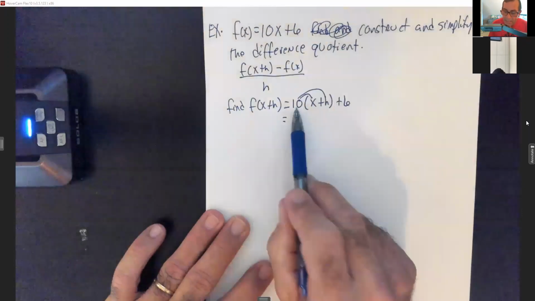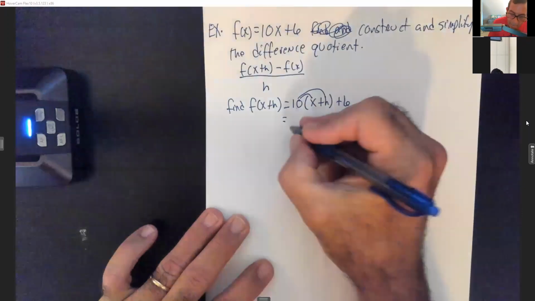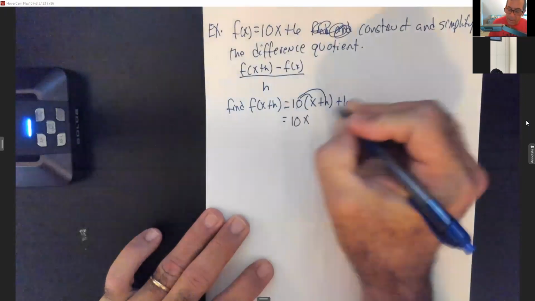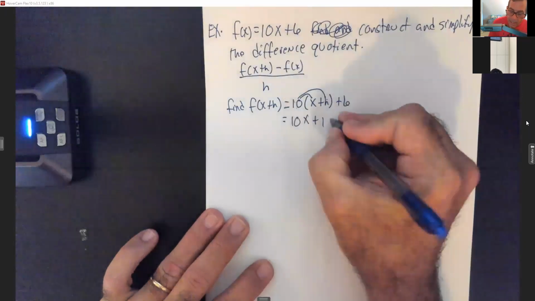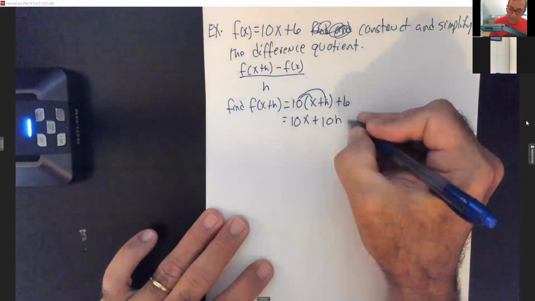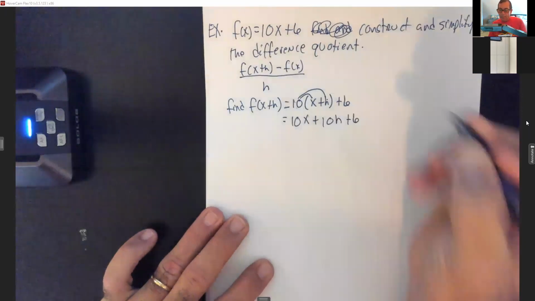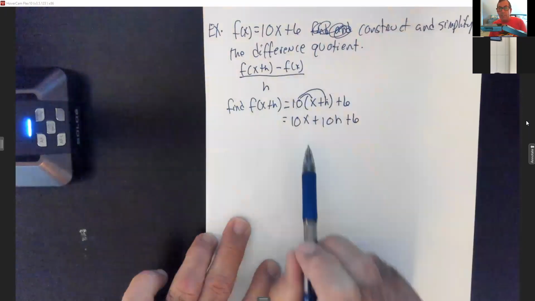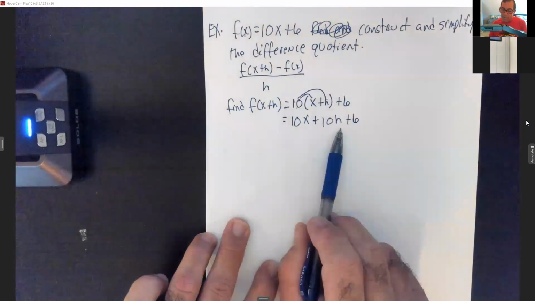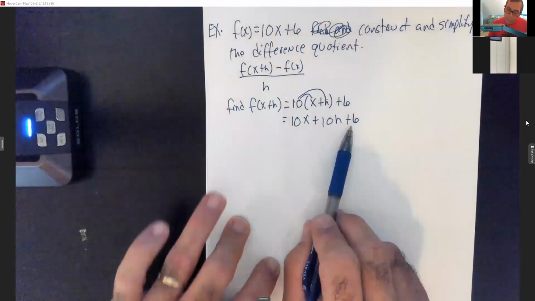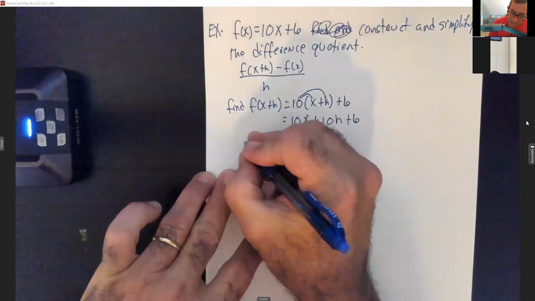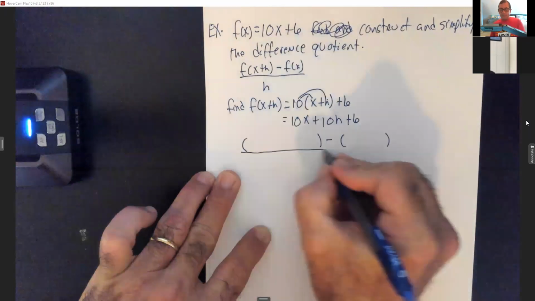So 10 times x is 10x plus 10 times h is 10h plus my 6. And if you notice, those are no more like terms than this, so that's as far as I can go. So I'm going to put everything in parentheses, f of x plus h minus f of x all over h.